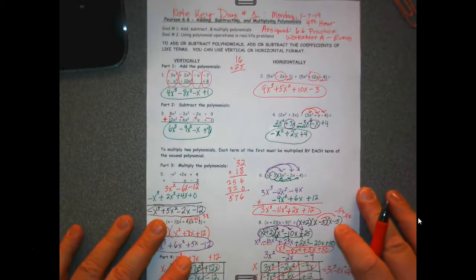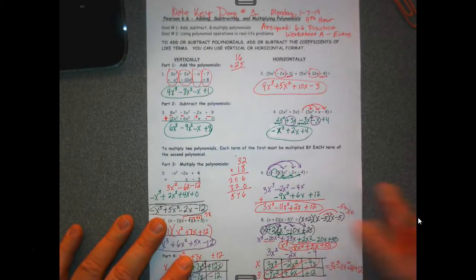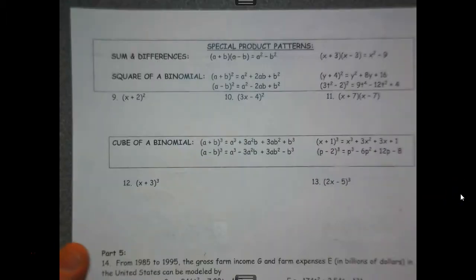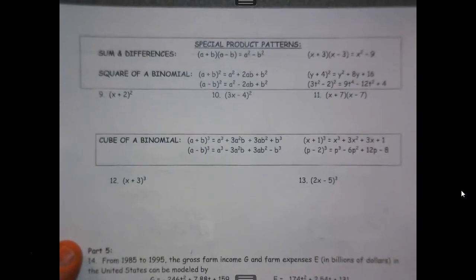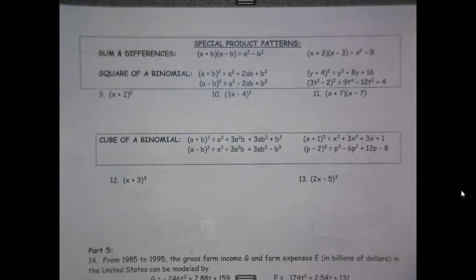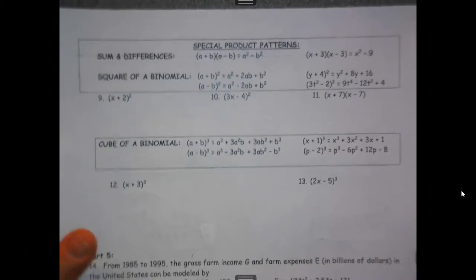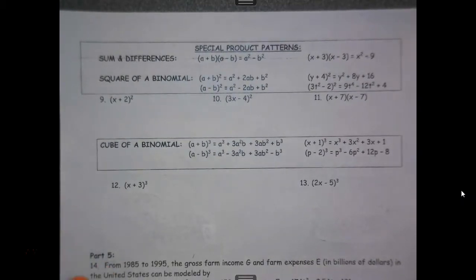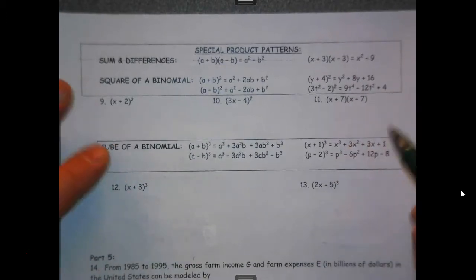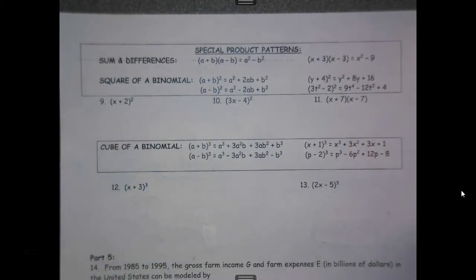As if page 1 wasn't fun enough, flip it over to page 2. And we got some funner stuff going on here. Now, back in last semester when we were factoring, we did work with one of these shortcut formulas. It was called the difference of squares, right?